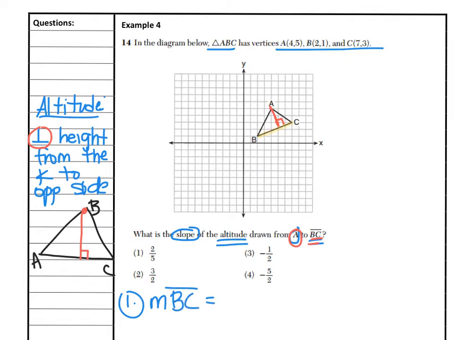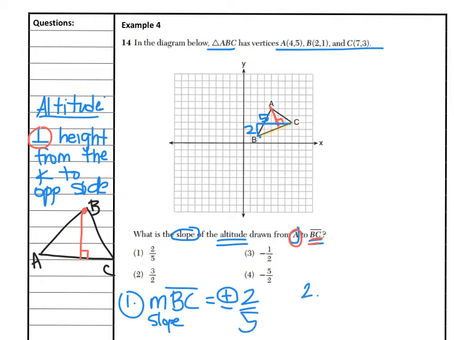Okay, so the slope of BC, if I look from left to right, it's definitely a positive slope. So between positive and negative, it's positive. And we're going up 2 over 5. Okay, so the positive slope would be positive 2 over 5.